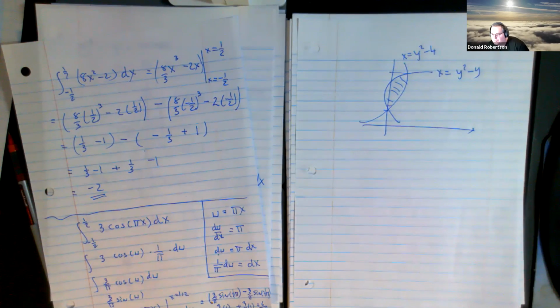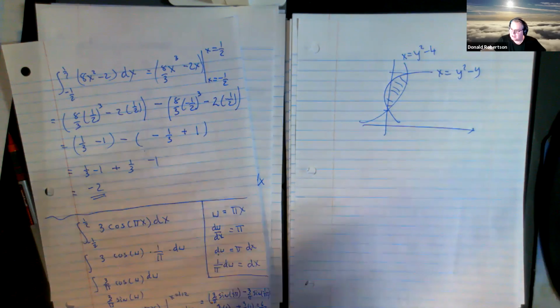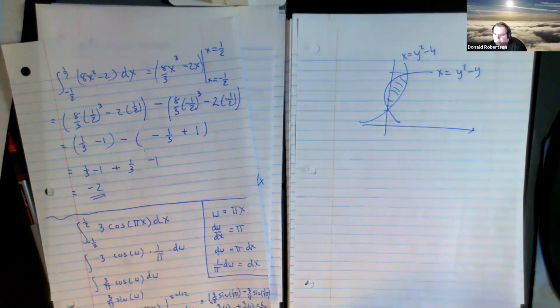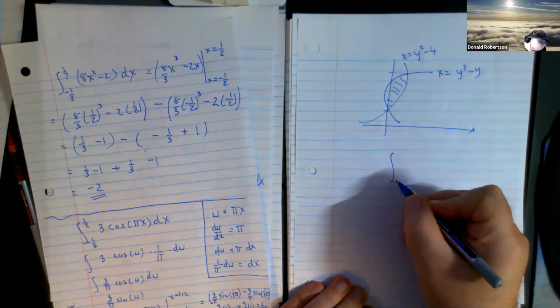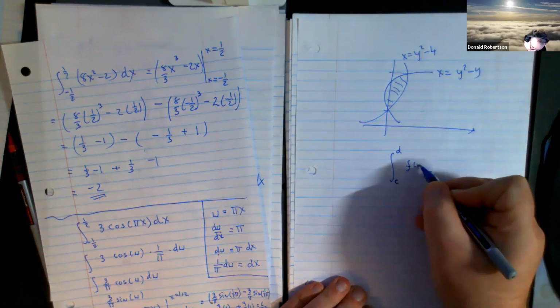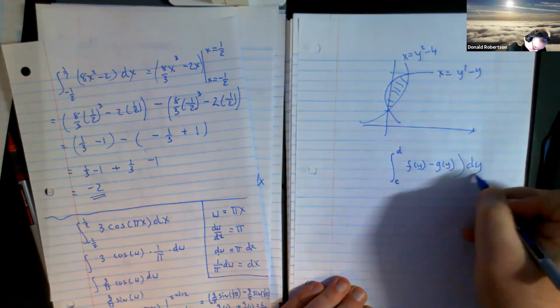We are going to be finding area between 2 curves, not above and below, which is what we've done today, but left and right. You could probably guess what the formula is going to be, but I'll tell you what it is. The integral from c to d of f of y, take away g of y, dy.